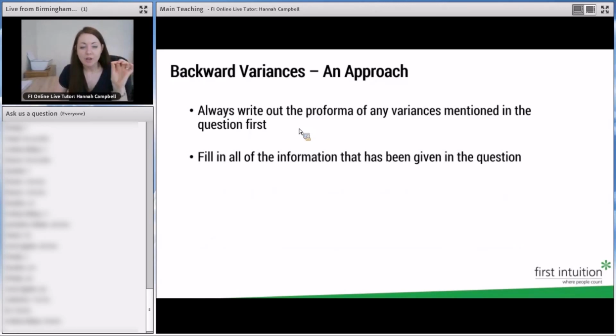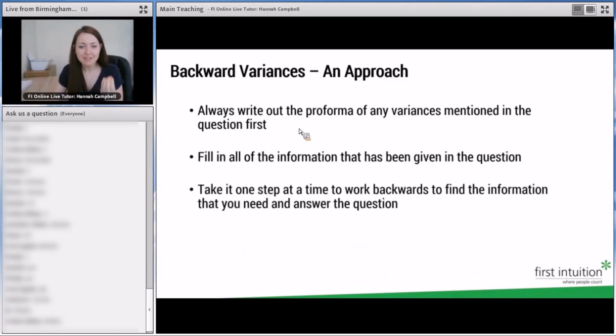Using the scenario, fill in any bits of information within that pro forma that you've been given in the question. Once you've got it all written down, you will then be able to visually see what you then need to do, taking it one step at a time in order to get to the information that you're being asked for in the question, okay? So write out the pro forma, fill in what you know, and then you can look at it and visually think about what you need to do.